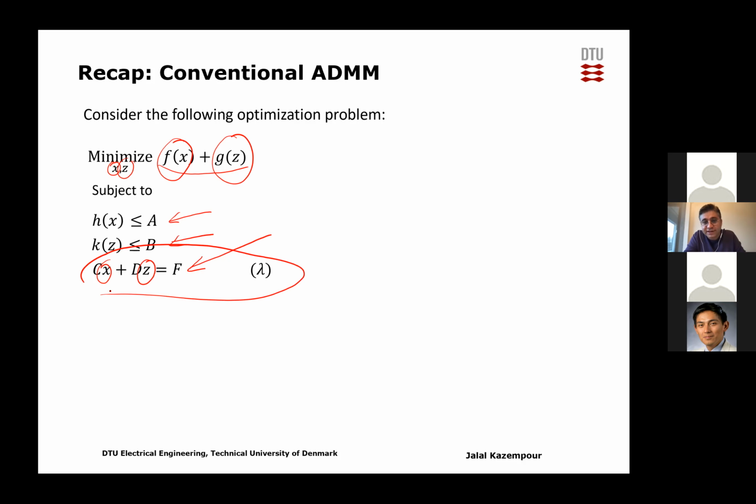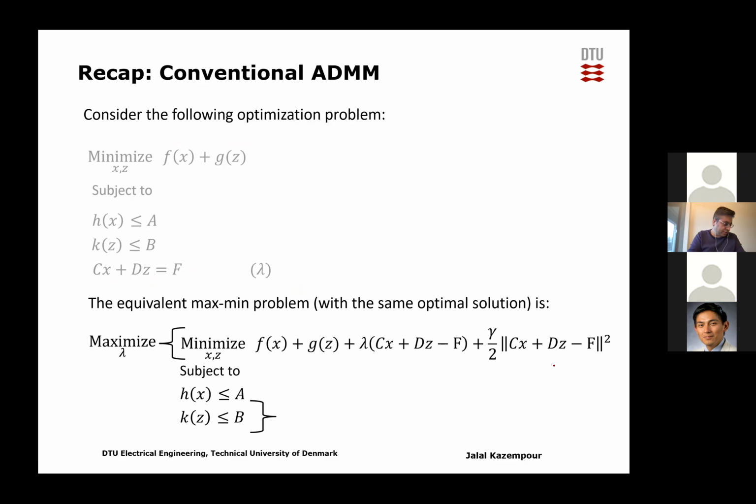It means that if we relax it, then the original problem will be decomposed into two different subproblems, one for X and another for Z. So we'll have two subproblems, the X update subproblem and the Z update subproblem. But what we did last time, we wrote the equivalent max-min problem.